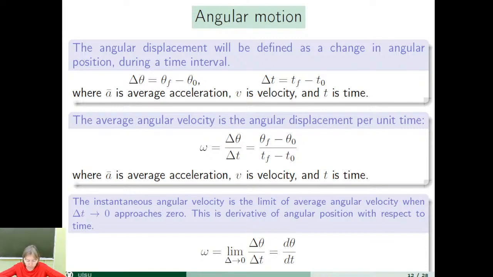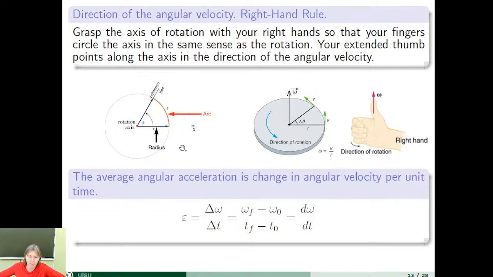It's given by theta equals s divided by r, where r is the radius and s is an arc.